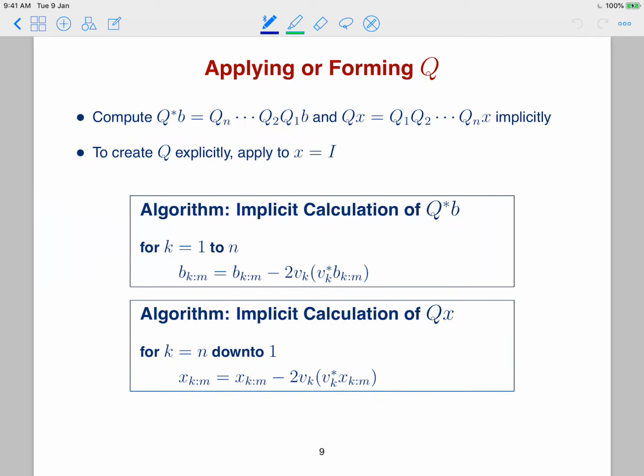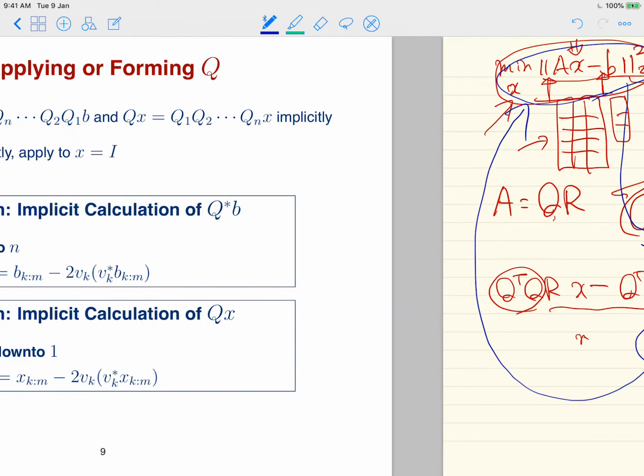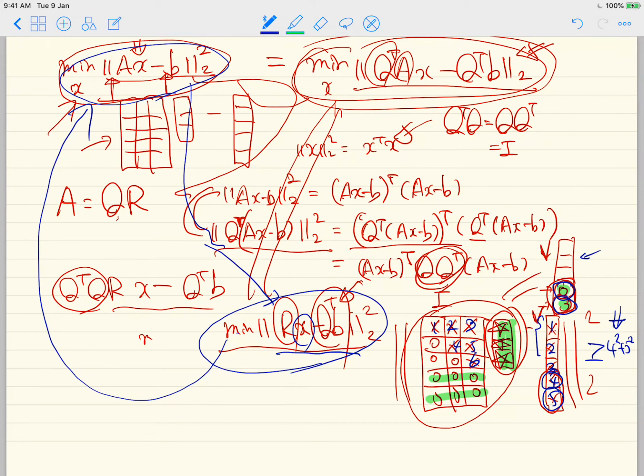Okay, so in this case, back to this Householder stuff. So given this matrix A that we want to change into our matrix R, which is our upper triangular matrix, right? And also we need Q transpose B, right?